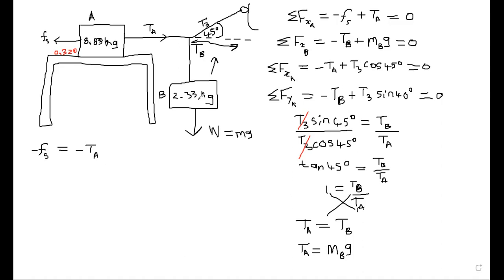This means that the negatives can cancel themselves, and what we can now do is to say, we know that TA is equal to MBG, so where there's TA, we're going to put MBG.